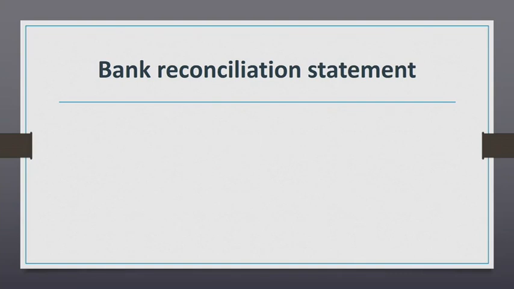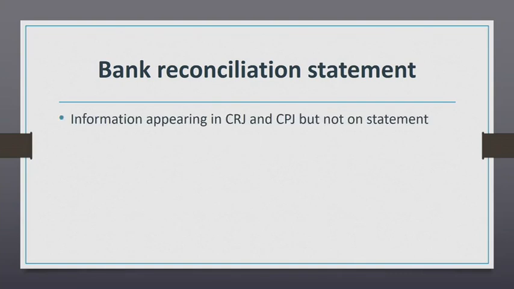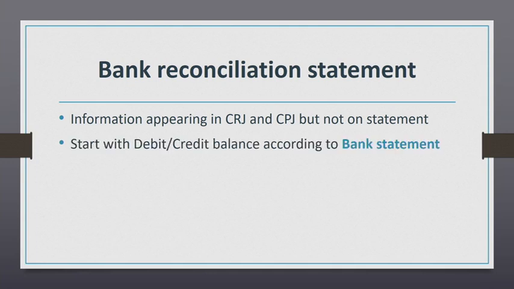If we look at the bank reconciliation statement, this will be information appearing in our books, in the CRJ and CPJ, but not on the statement. We start with a debit or a credit balance according to the bank statement, which we received from the bank. Then we credit outstanding deposits.